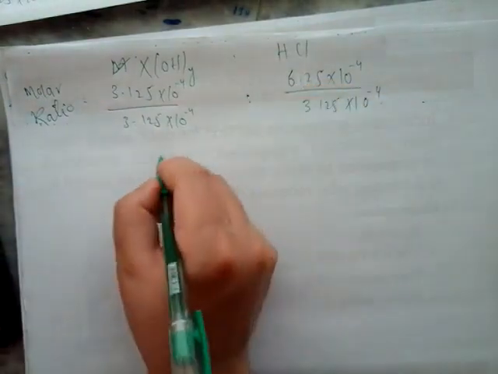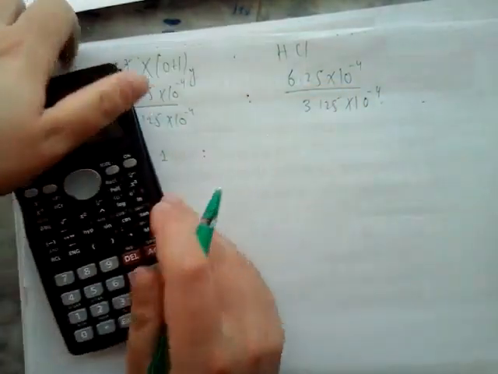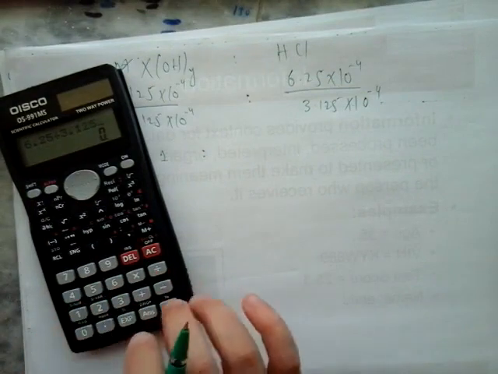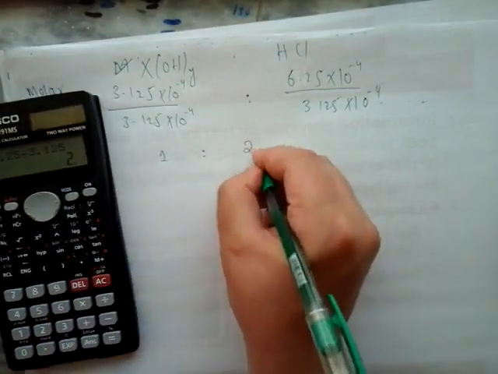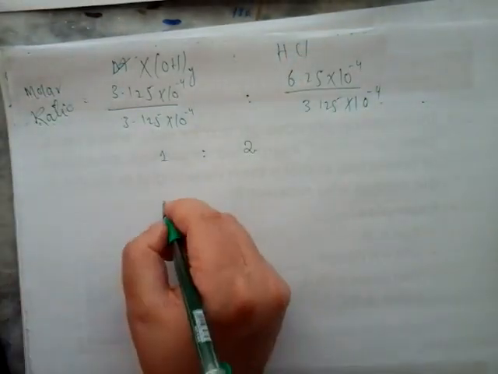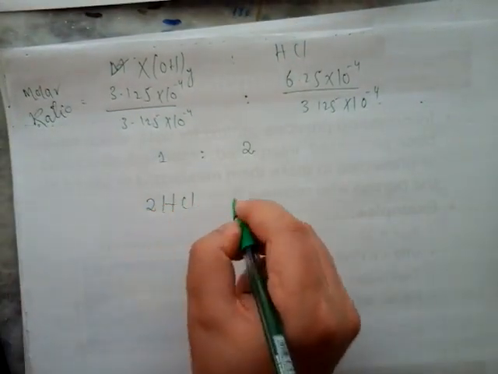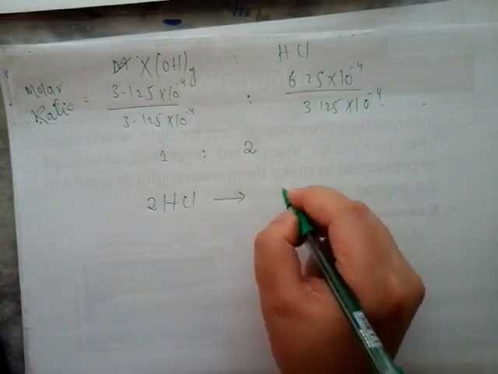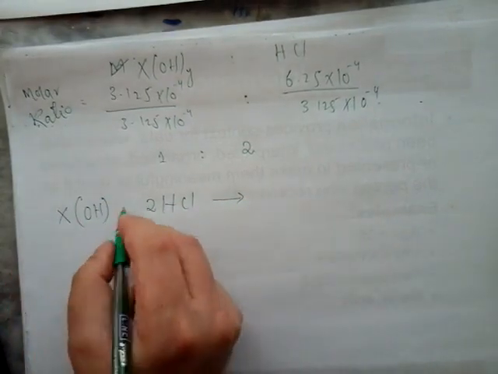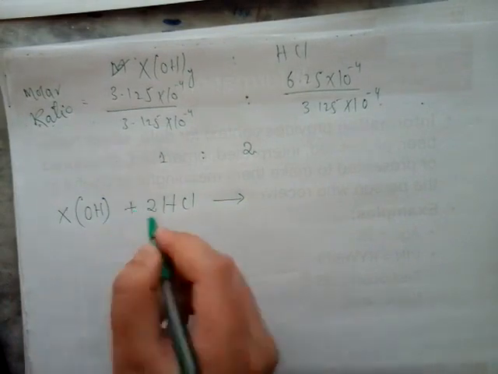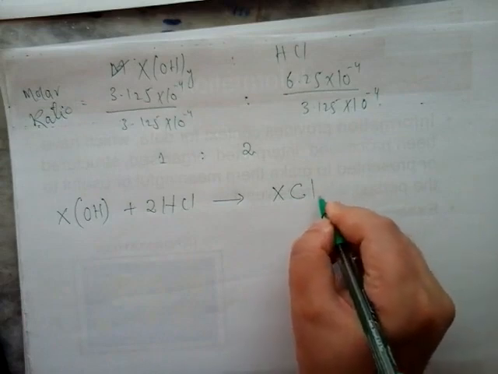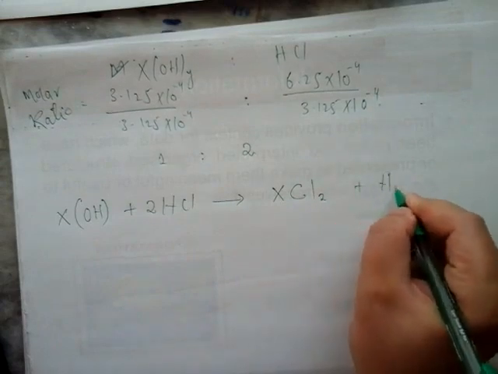So it comes out to be 1 into 6.25 divided by 3.125, 2. So 2 is the coefficient of HCl. So I will write 2HCl, metal XOH plus water.